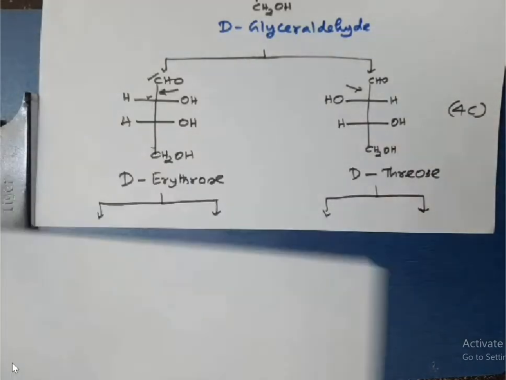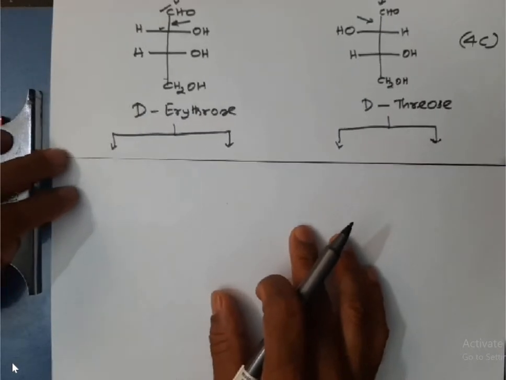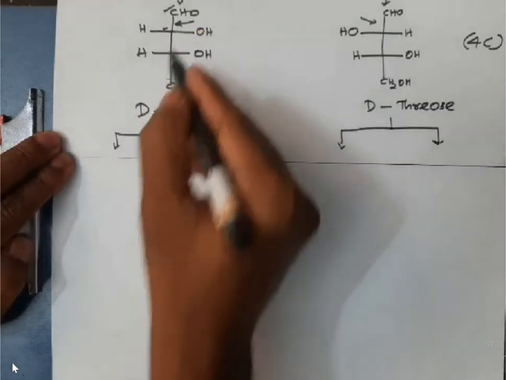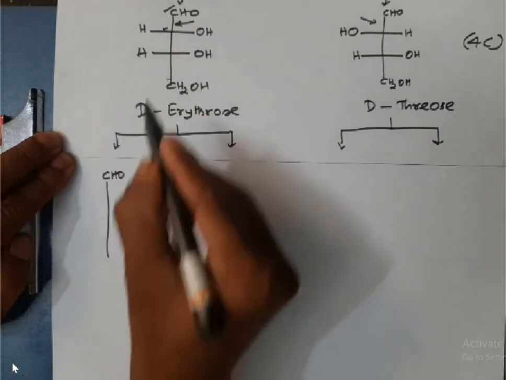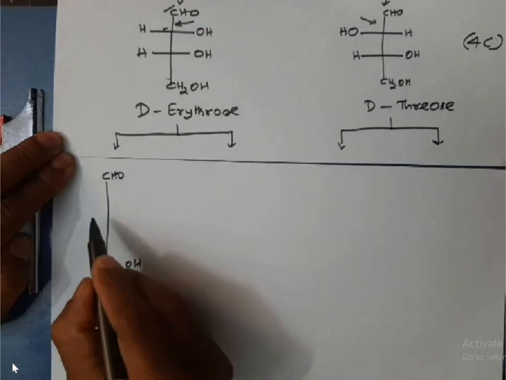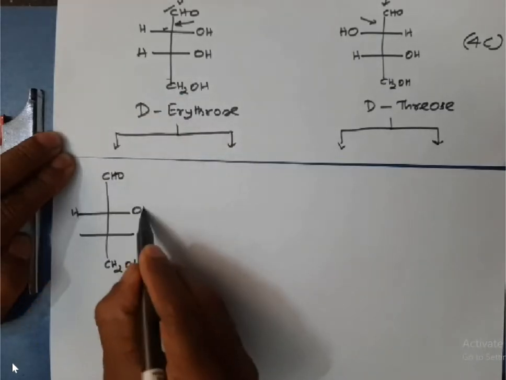See here, in Erythrose, I'll keep this structure as such. CHO I'll keep as such, CH2OH I'll keep as such. And here we already have two carbon atoms, let me keep them as such, HOH, HOH.